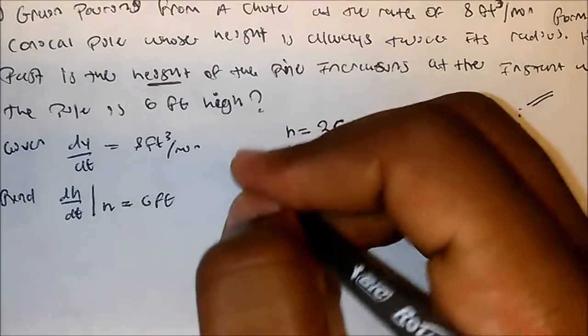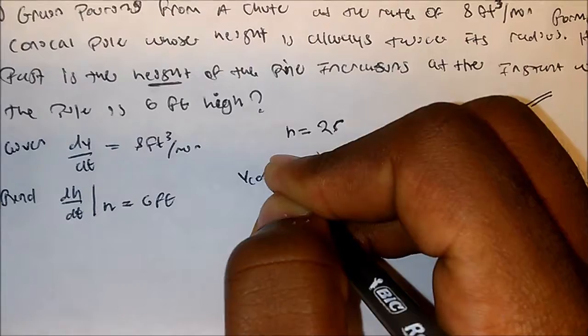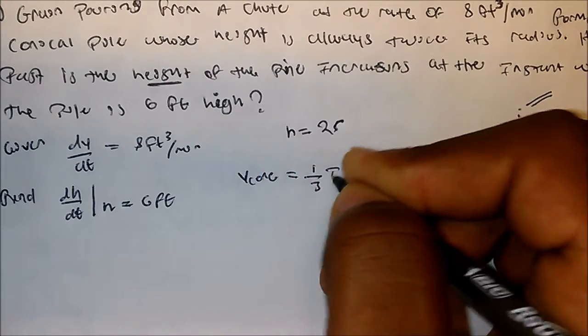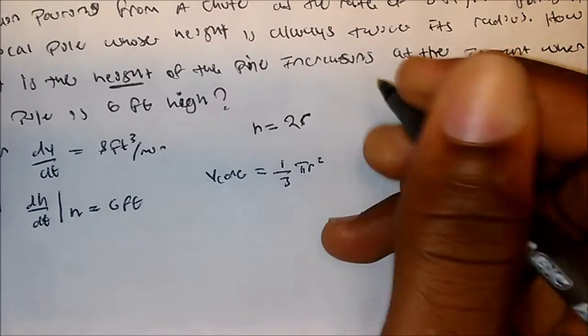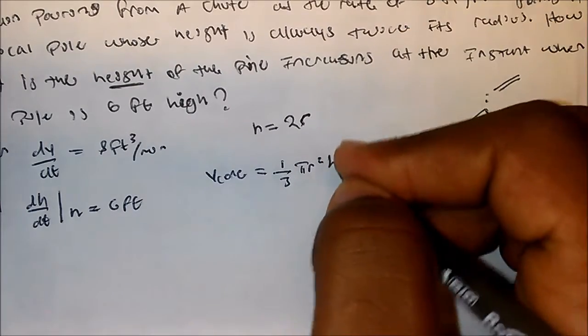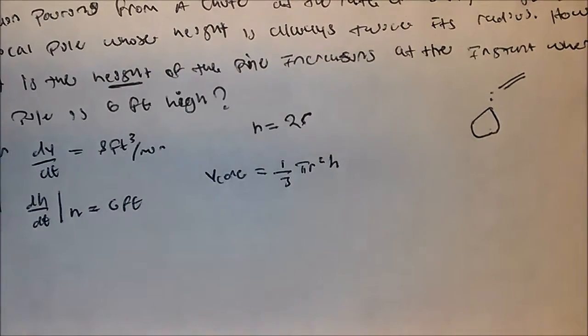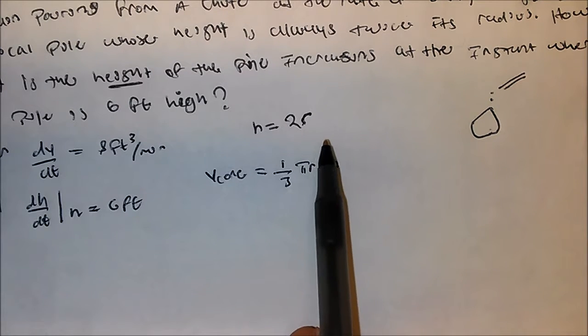The volume of a cone is equal to 1/3 pi r squared h. We have two variables here.